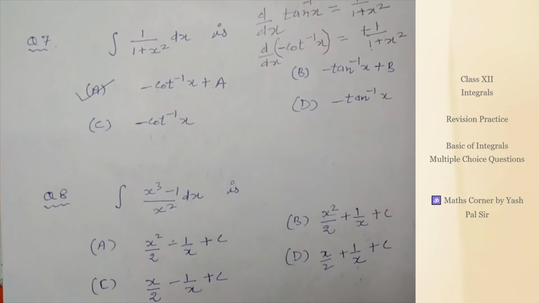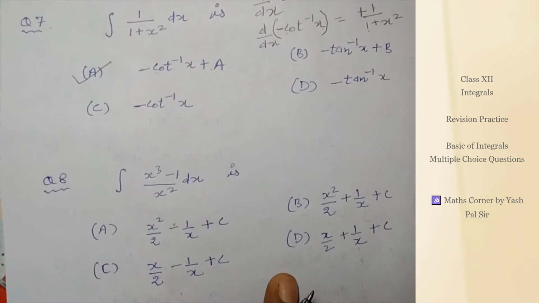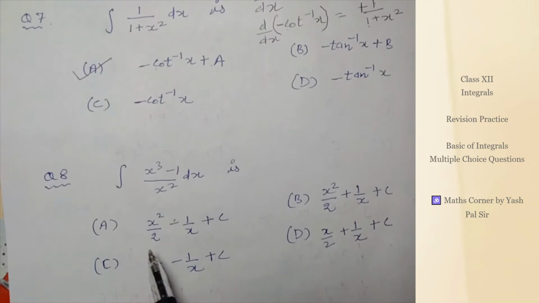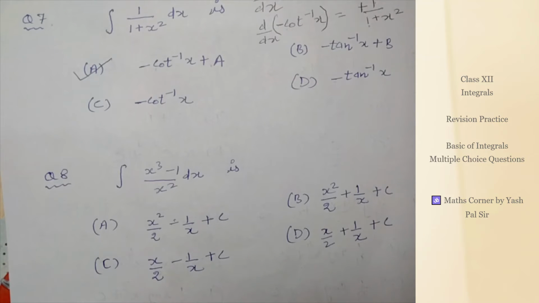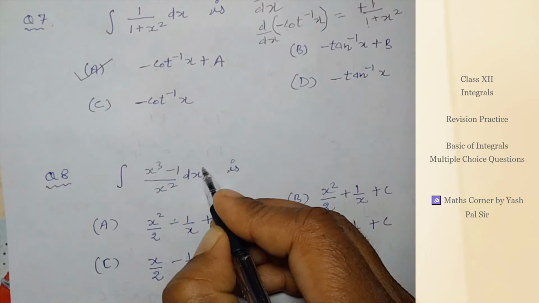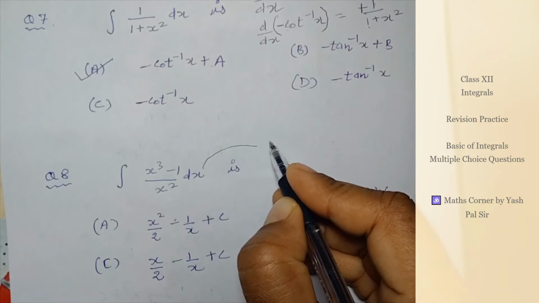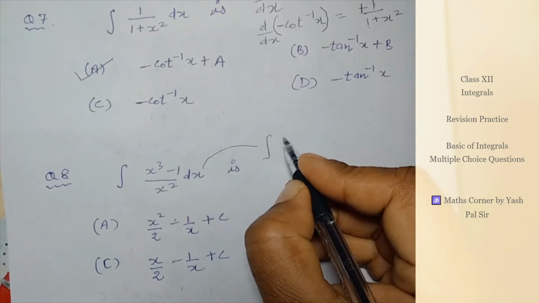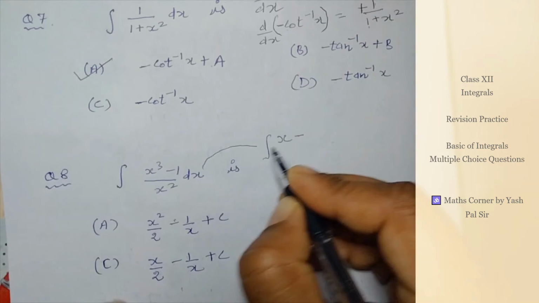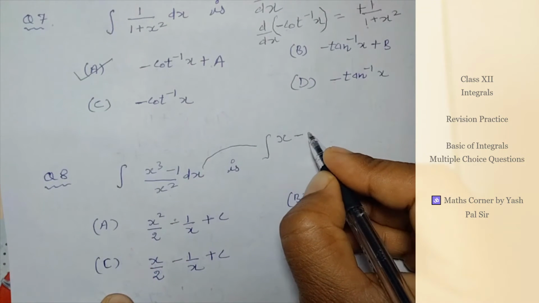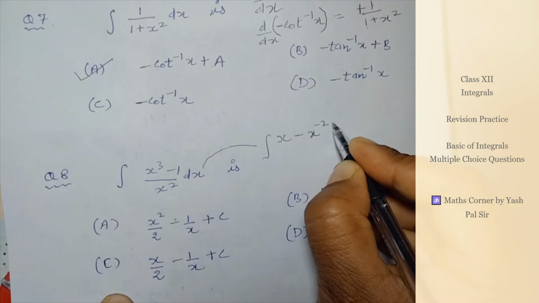Now we have the next question, question number 8. x raised to power 3 minus 1, divided by x square. Okay, so simplifying this, we have x raised to power 3 upon x square is x, minus 1 upon x square, that is x raised to power minus 2.